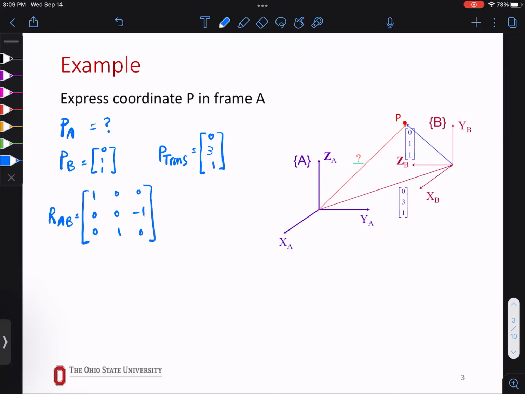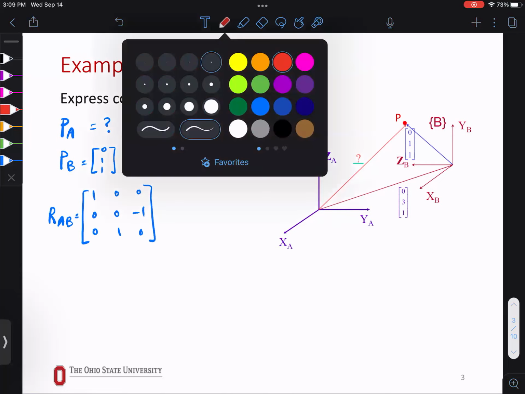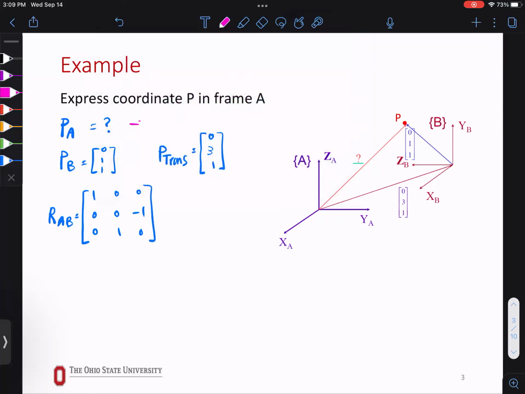All right. Now to find P in A, if you remember from last time, we know where P in B is. We are going to pre-multiply, it's always pre-multiply, the transformation of frame B with respect to frame A, or where frame B is relative to frame A.